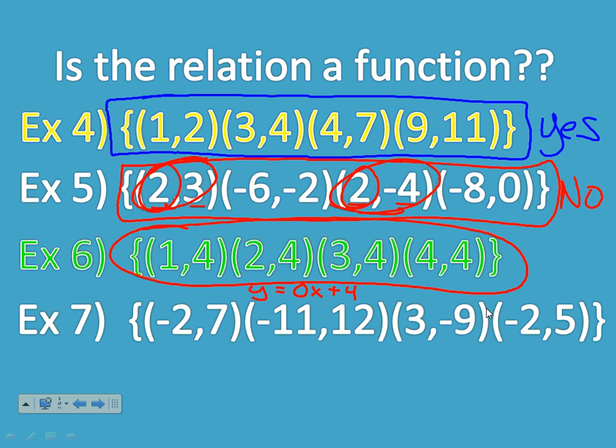What if you plugged a 1 in there? 0 times 1 plus 4. 2 times 0 plus 4. 3 times 0 plus 4. 4 times 0 plus 4. Yeah. What kind of line is that? Can someone tell me?